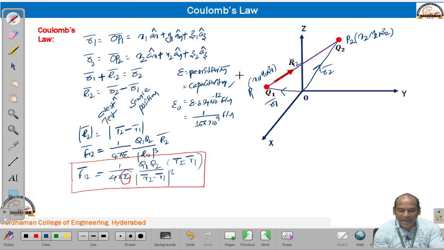And in the calculations we always need 1 by 4 pi epsilon naught. If you calculate the value of that, 1 by 4 pi epsilon naught is equal to 9 into 10 power 9. So, directly when you are dealing with free space, you can take 1 by 4 pi epsilon naught as 9 into 10 power 9. Okay. So, you can use this in the problems.